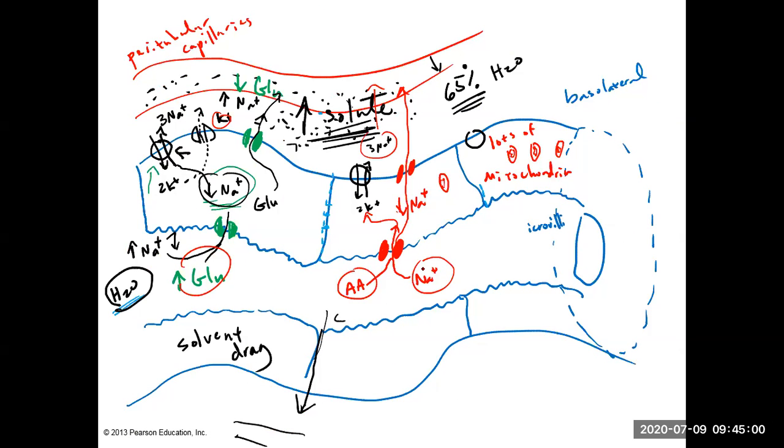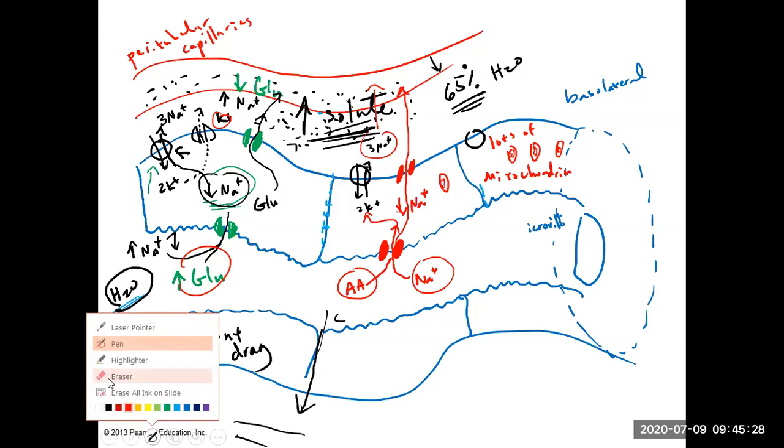So I'm going to erase this again because I wanted to use this PCT, and you have that on the video, so you could pause it, take a picture, and look at it again. But right now, I wanted to go over perhaps reabsorption of HCO3 and talk about all the things that are happening, so that way we are done with the PCT.